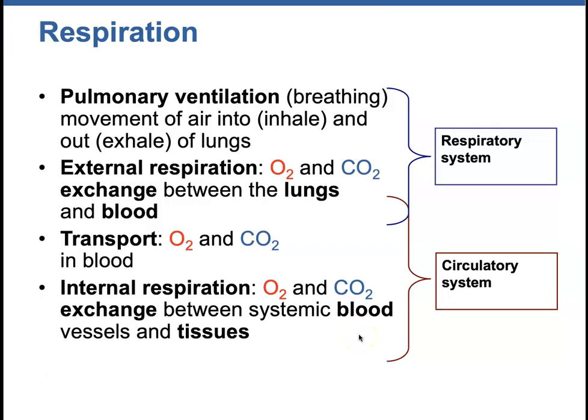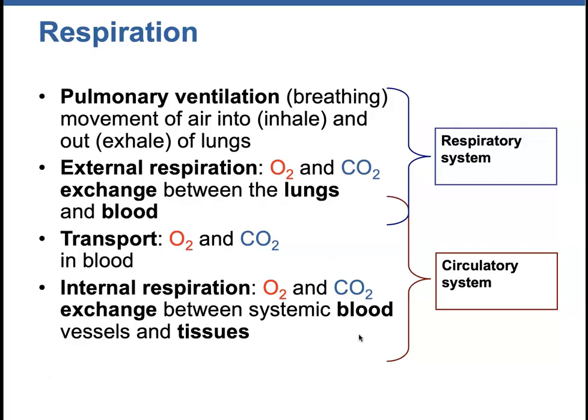Pulmonary ventilation is just the movement of air, breathing air in and out. External respiration, again, is the oxygen and carbon dioxide exchange between the alveoli and the blood, which then gets transported through the blood to the respective tissues throughout our body.